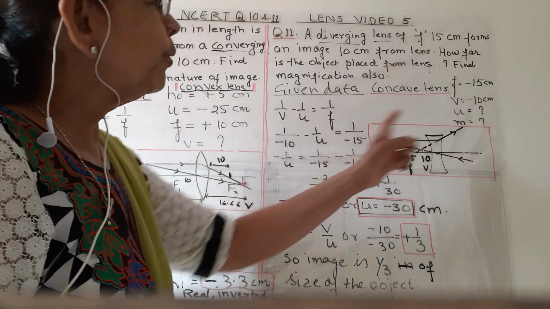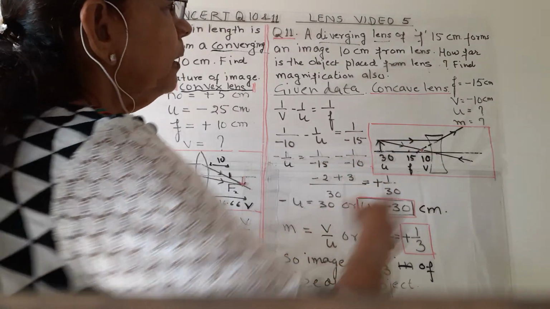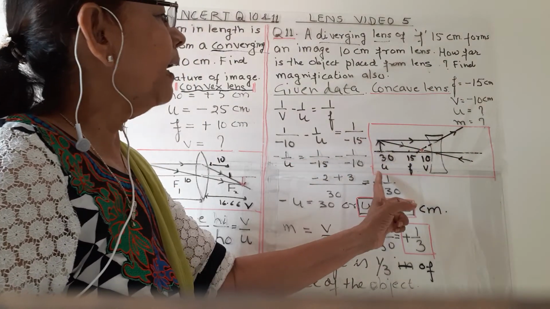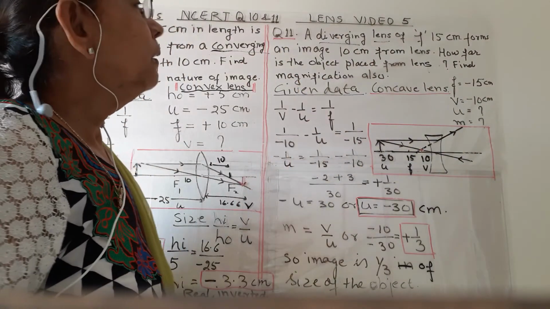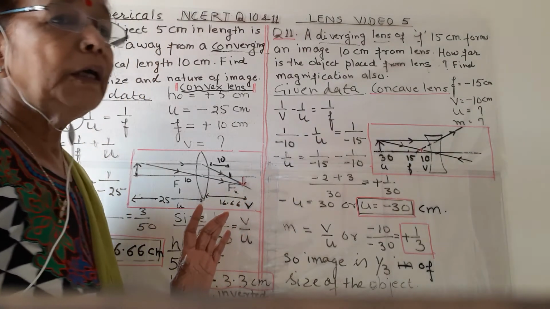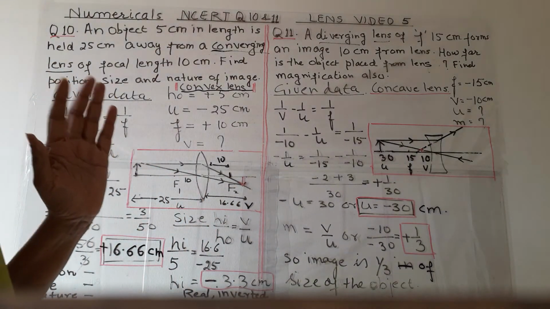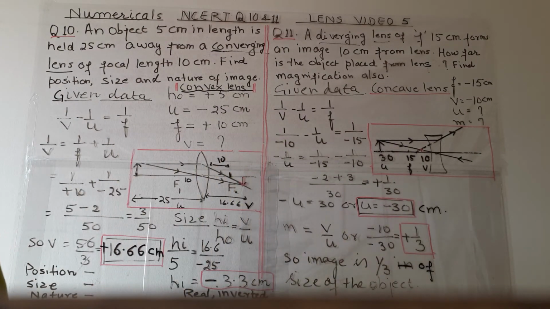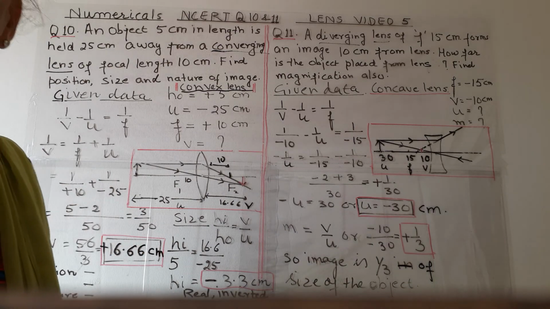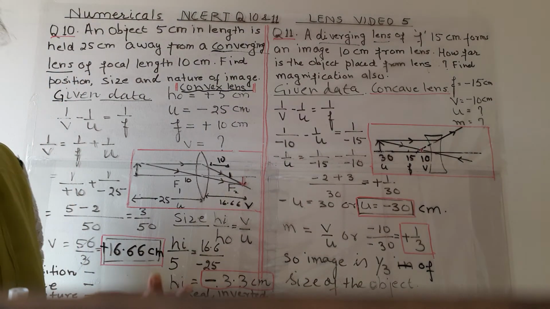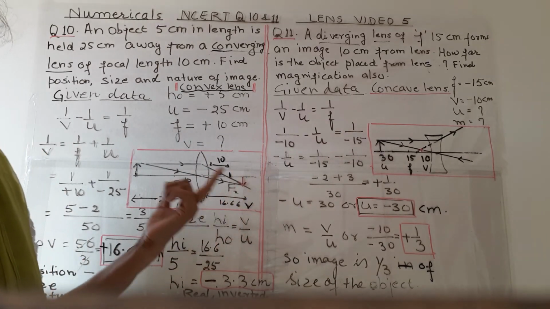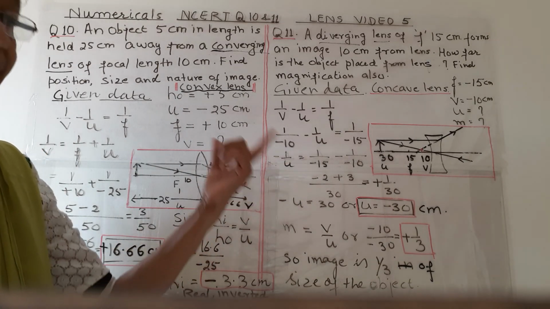Now we should draw the ray diagram also, taking these values. So this will be the ray diagram of this numerical. You do it in your notebooks. I think now you have understood both these numericals. All the other numericals given in the textbook and in the reference book, you have to do all the numericals of mirrors and lenses.